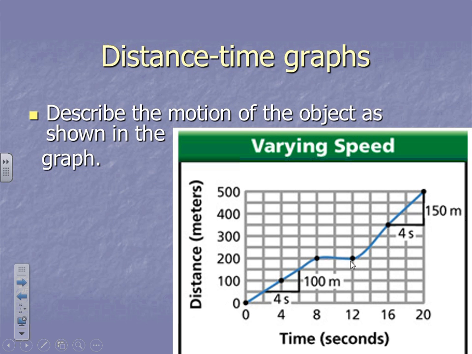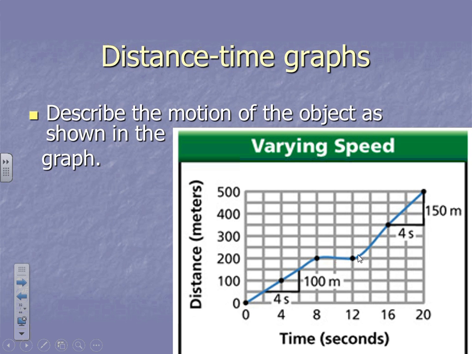Now, you'll notice this little flat line here. This little flat line that I'm circling with my cursor is not changing its distance. It's changing its time, but it's not changing its distance. So if we were to find the slope of that particular line, it would be 0 meters over 4 seconds, which is 0. So it's effectively stopped. The object is stopped when it flatlines.